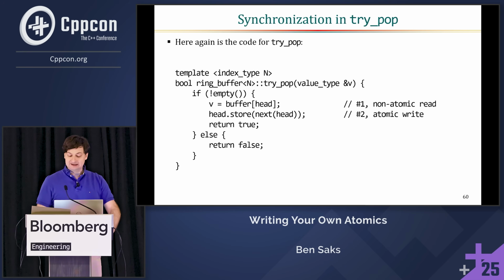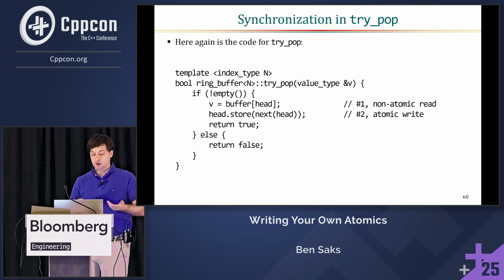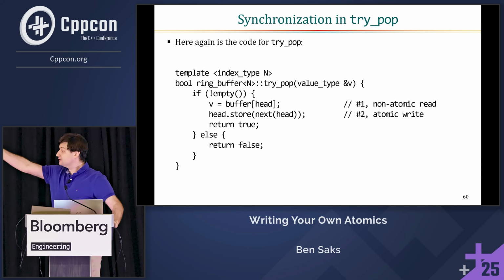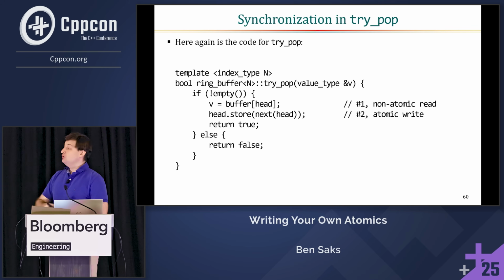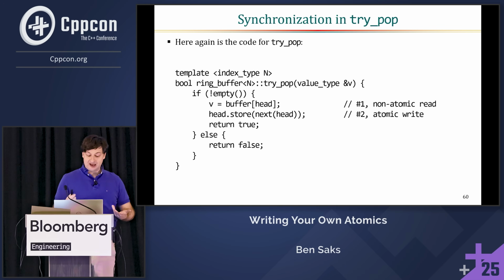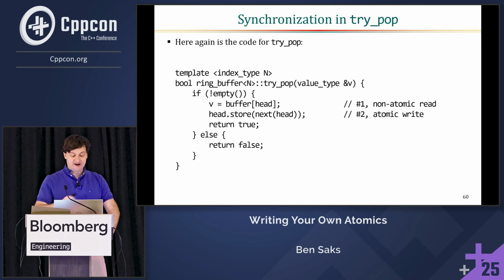we would expect. And what that means for our ring buffer is, if we look at the code for try pop, here I showed you this code and I was saying, okay, we won't be updating the head index until after we've already read out the value at the front of the queue, so everything should be fine.